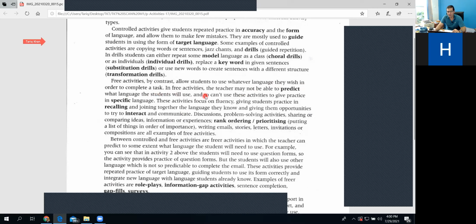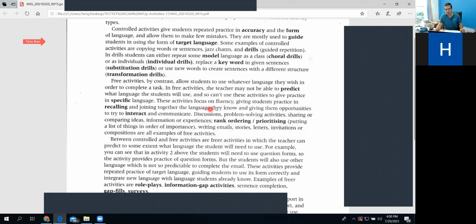In free activities, the teacher may not be able to predict what language the student will use, and so can't use these activities to give practice in specific language. Why? Because you cannot predict what type of language the student will be using, because it's an open option. So it's up to them what they are saying, what vocabulary they are using, how they are expressing themselves.